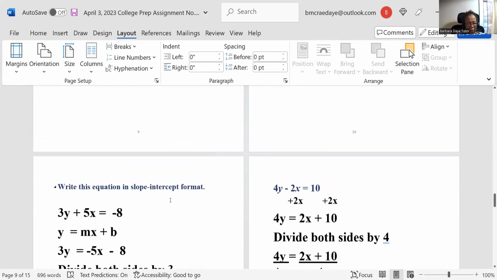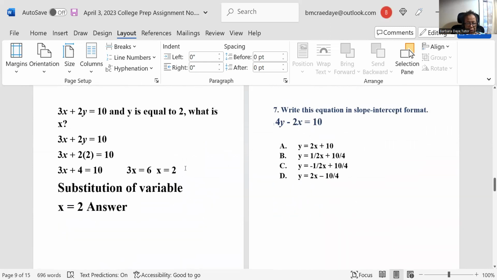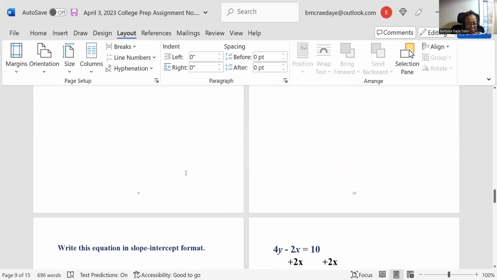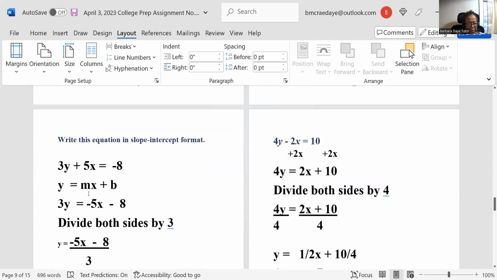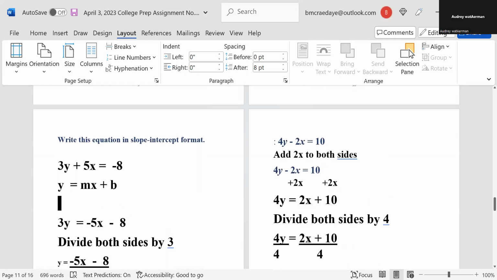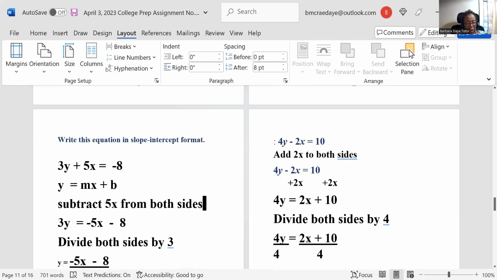All right. Now, let's see. So we subtracted, well, let me just do here. I think Audrey told me, subtract 5x from both sides. Mercedes, you okay with that? The 5x, right?